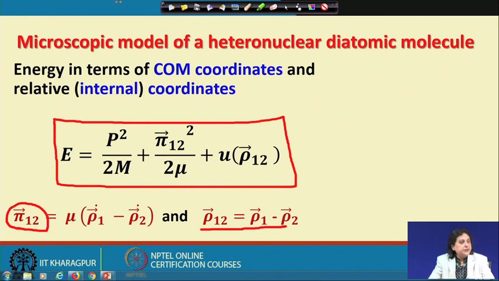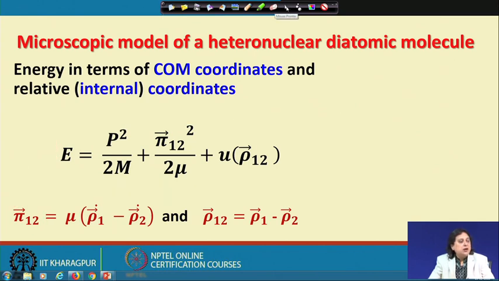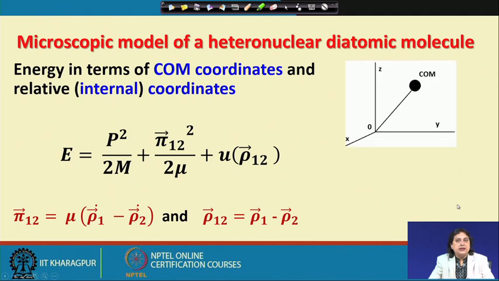So, what does it mean? It means that what I have gained here is as follows. First of all, I have one part over here which says, look at what I have in the energy. This part tells you that this is the kinetic energy of the center of mass, which has a mass capital M and whose momentum is capital P. Now, what is this term?